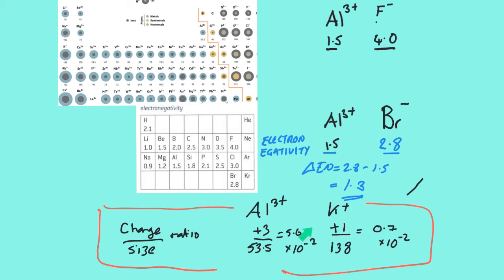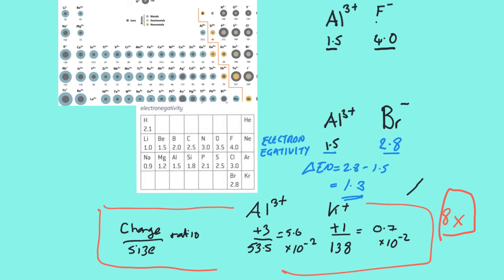So now, if we look at the difference in the polarizing power, i.e. the charge divided by the size, you can see in terms of magnitude how much bigger aluminium's is than potassium's. In fact, aluminium's polarizing power is 8 times that of potassium's.